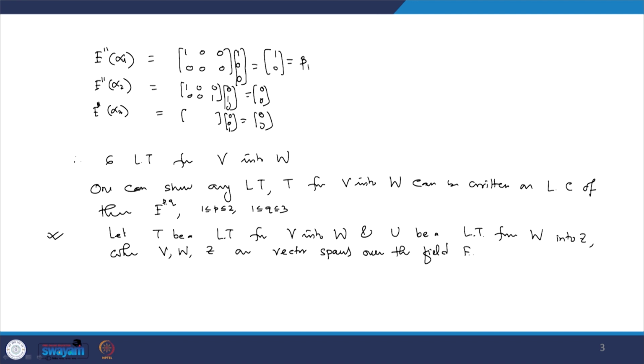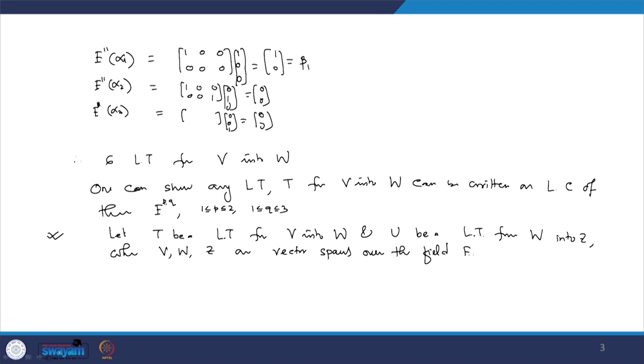Here, instead of a simple function T, I am taking T as a linear transformation from V into W and U as a linear transformation from W into Z. Then what can we say about the product function UT, which is a function from V into Z?